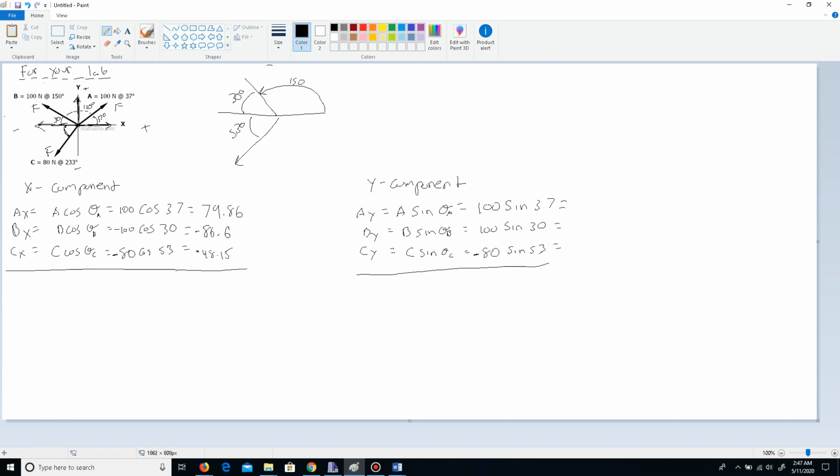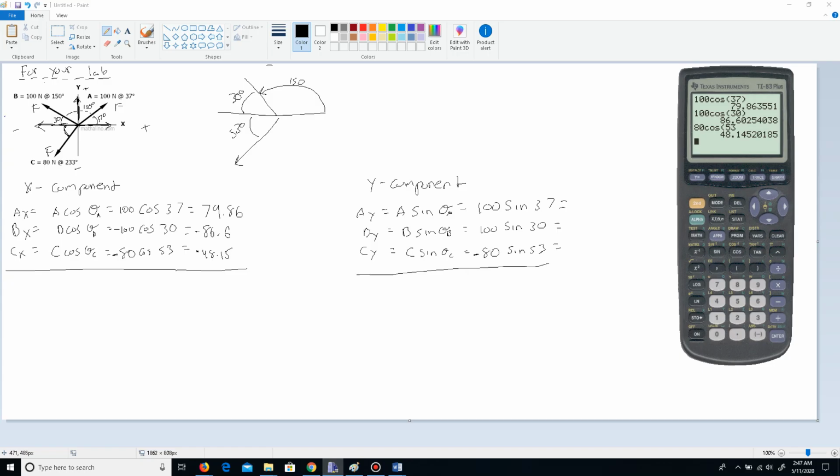Okay, now I got to add down these three. Now, normally, I'm breaking these down to show you what I'm doing. Normally, what I would do in order to avoid a rounding error is I'm just going to put them in. So 100 cosine 37, because I know these are exact, minus 100 cosine 30.